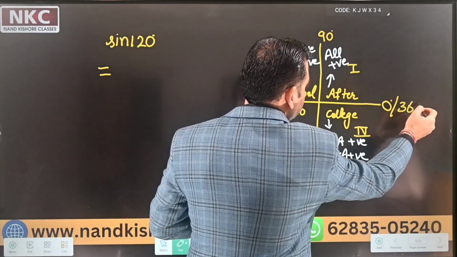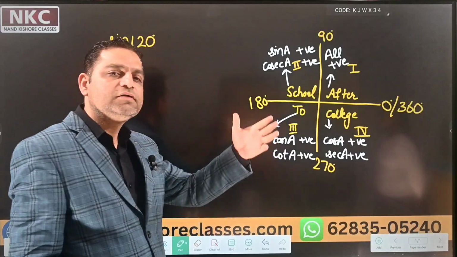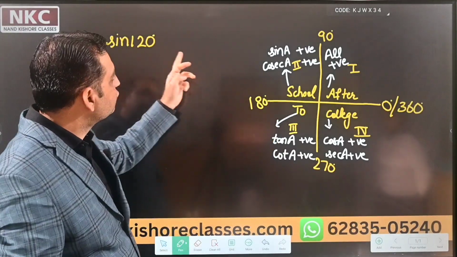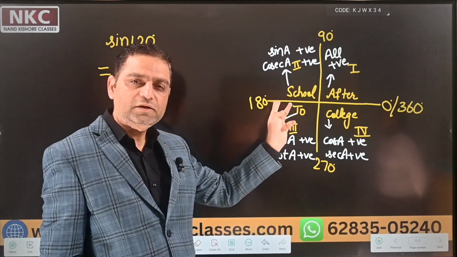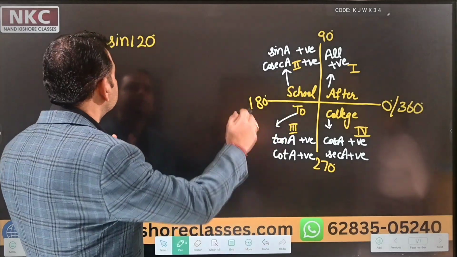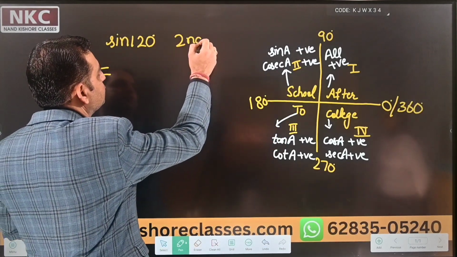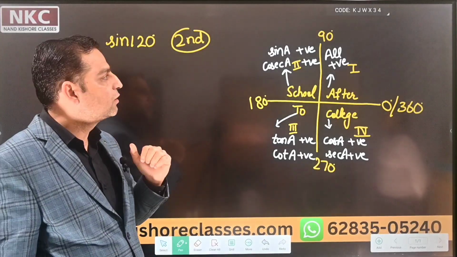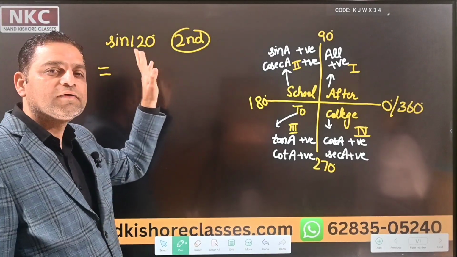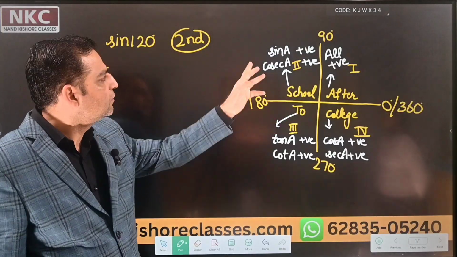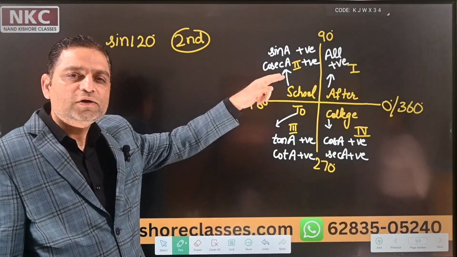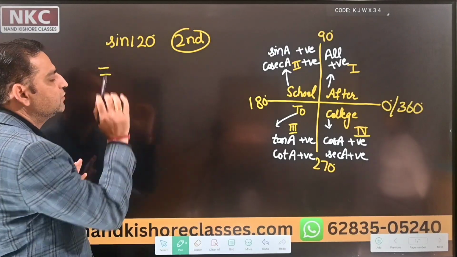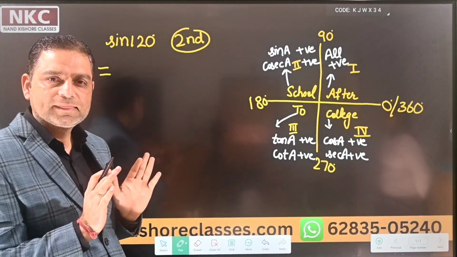Moving ahead, again 360 when one complete round is there. Now 120 degree lies between 90 and 180. That means I first selected the quadrant. This is the second quadrant. Now in the second quadrant, since I am finding sine 120 degree, it is positive.